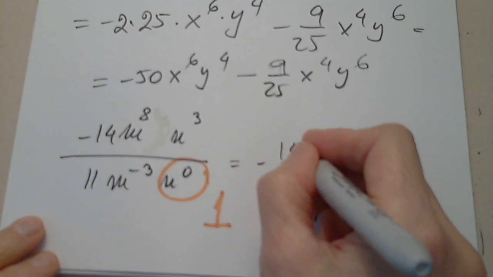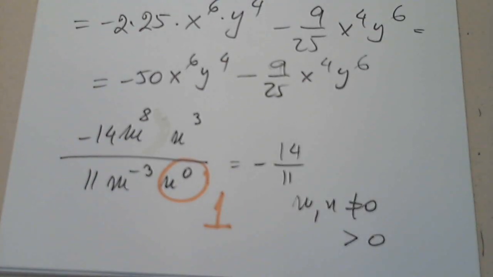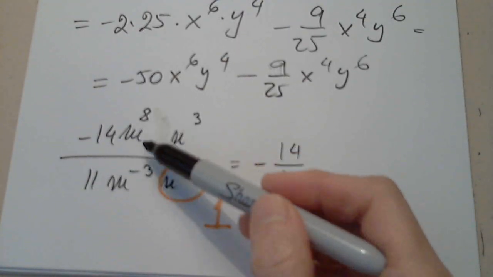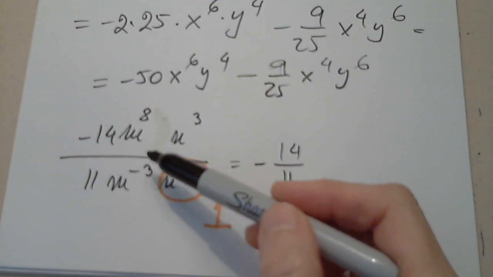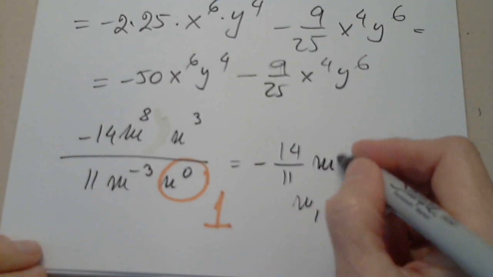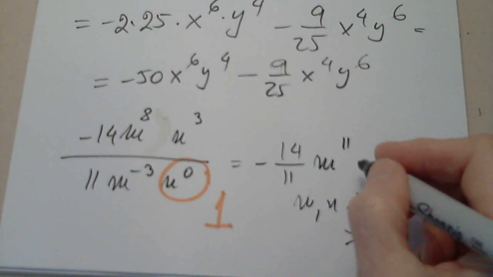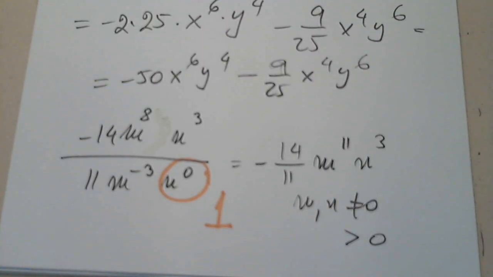So I copy negative 14 over 11 because I cannot simplify. M to the 8th over m to the negative 3 is m to the 11th. There is no negative exponent here. Times n to the 3rd. When I subtract 8 minus negative 3, I get 11. So there are no negative exponents here at all.